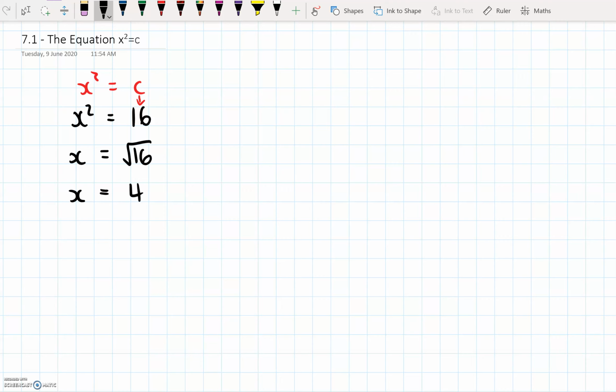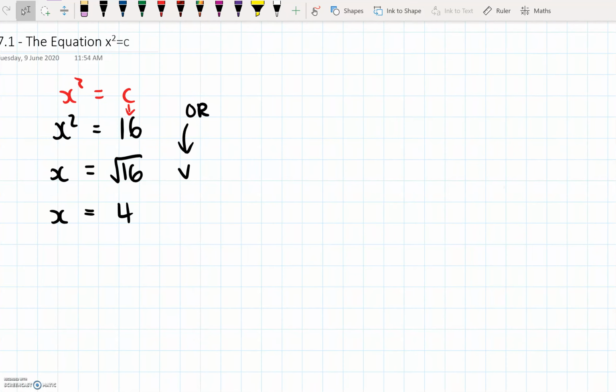When we have x squared equals a positive number, there are actually two options, because the square root of 16 can also be negative. So we also get, and we use this little symbol here, this is "or". You will use this a lot in maths over the next few years.